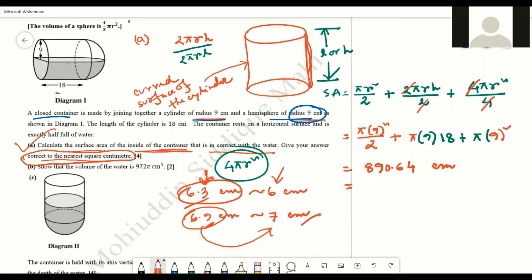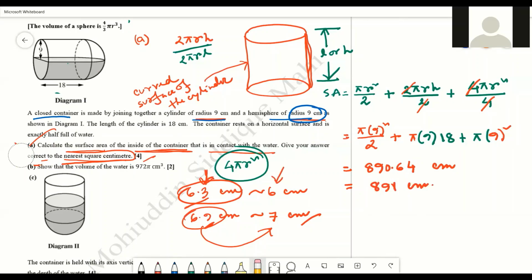So the answer will be 891 square centimeters, and that's the correct answer because I've already matched it. I think you have understood, and the question carries 4 marks, so you need to do it carefully. Okay, let's move on to question B.